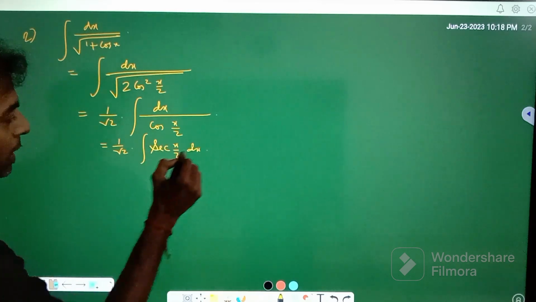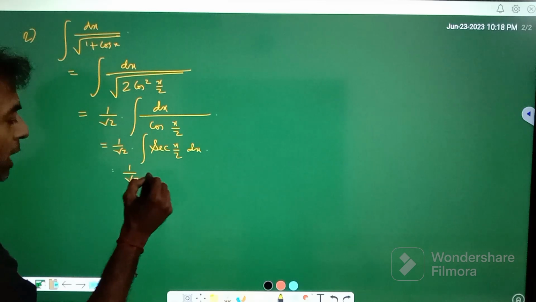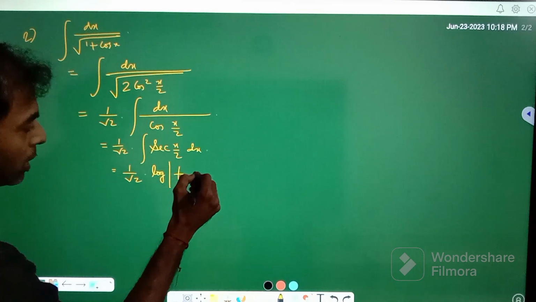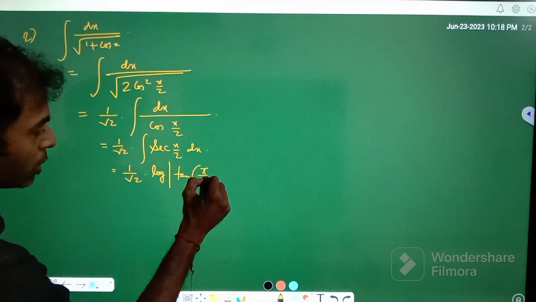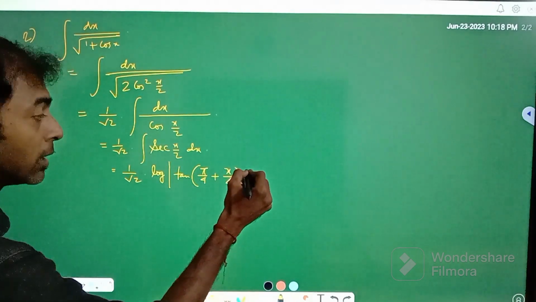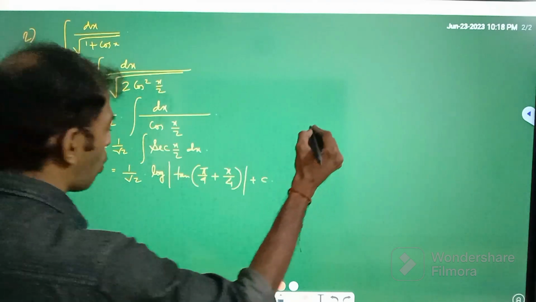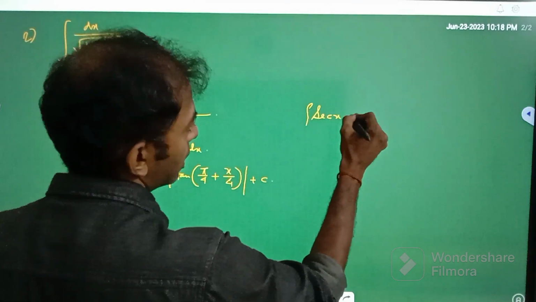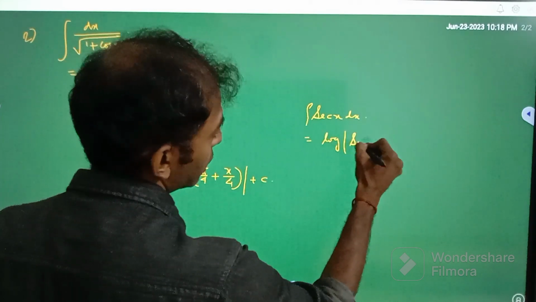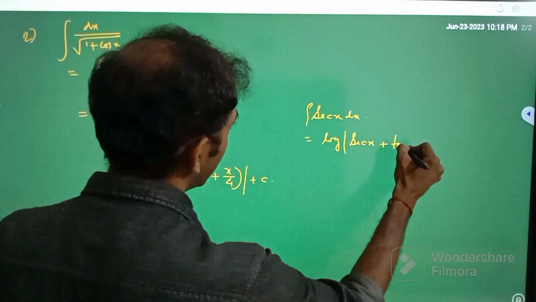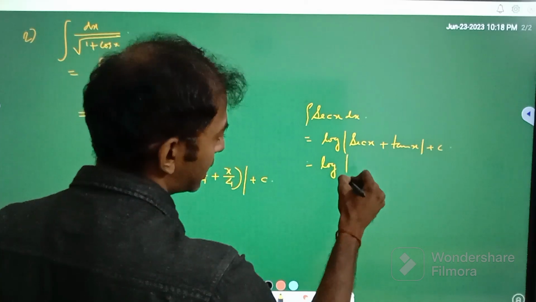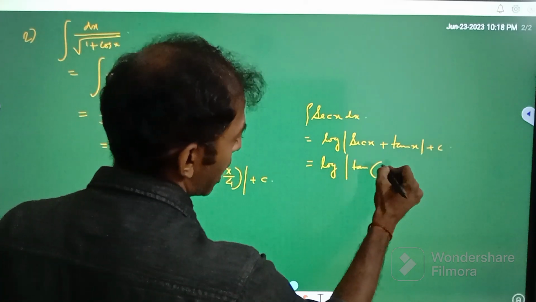Sec x by 2 dx, and integration of sec x by 2 will be log mod tan pi by 4 plus x by 4, plus c. Because we all know that integration of sec x has two formulas. The first one is log mod sec x plus tan x plus c, and the second one is log mod tan pi by 4 plus x by 2.